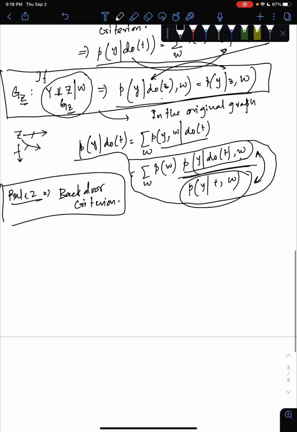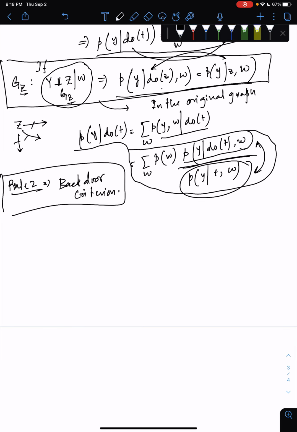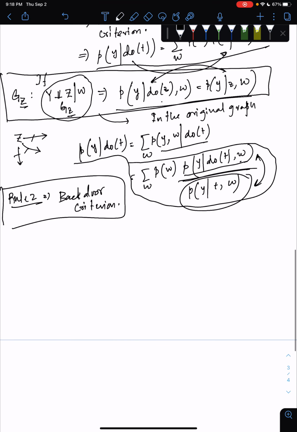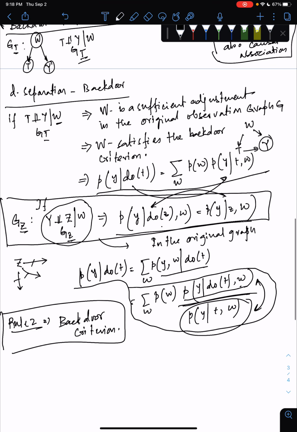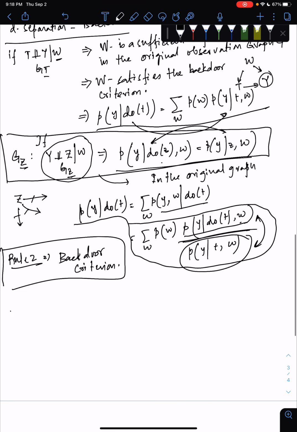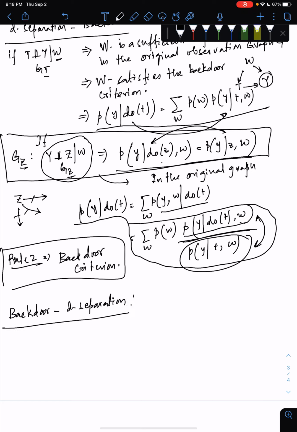Now let's go to the third rule. Before going to the third rule, let me iterate once more from backdoor to D-separation. I hope that this particular thing will be new.